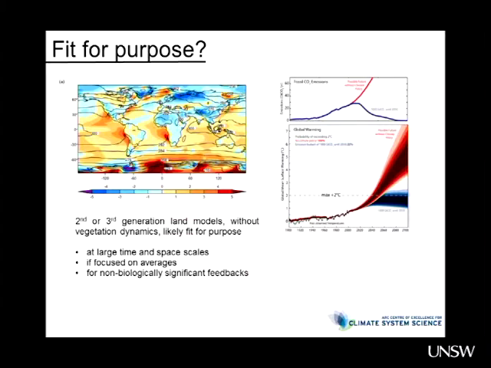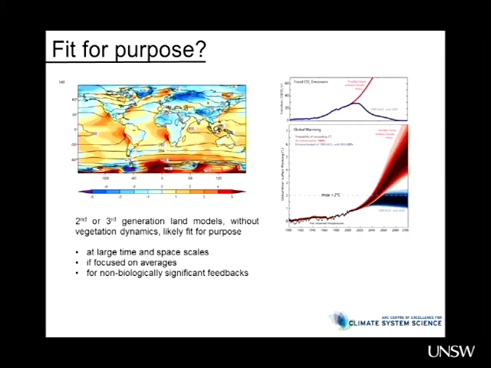So if you're interested in the large scale, or you're interested in ocean dynamics, or you're interested in global scale averages, or even continental scale averages, and you don't care about carbon, these second or third generation schemes are probably fine for you.